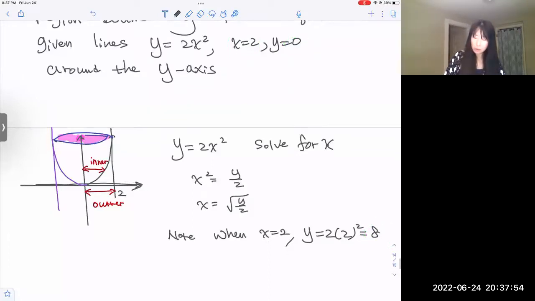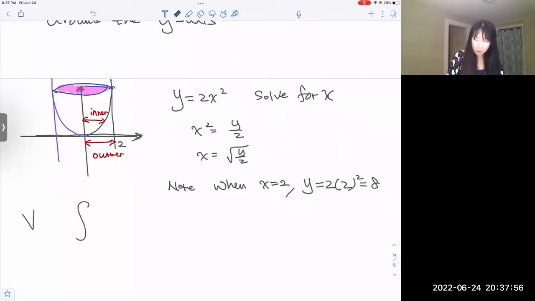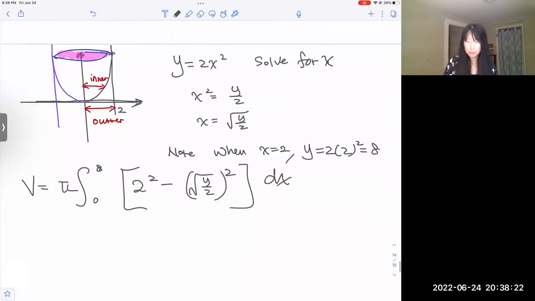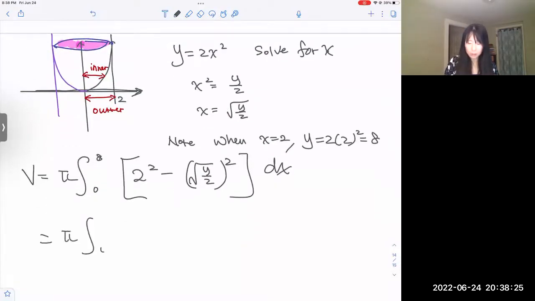So we have volume equals pi integral from 0 to 8 of the outer, which is the right side, 2 squared, minus the inner, which is the left one, the square root of y over 2, quantity squared, dy. You guys okay with this one? Okay, pi integral from 0 to 8 of 4 minus y over 2.